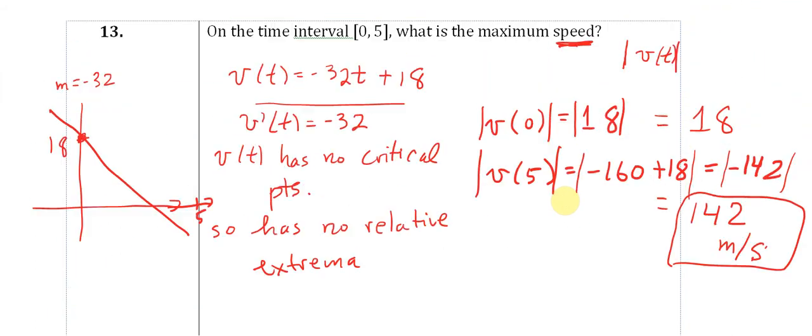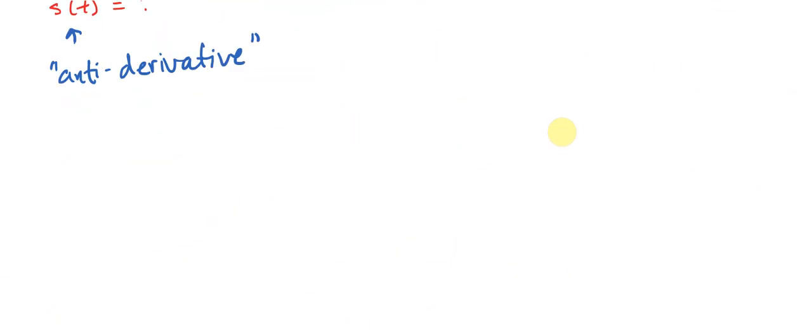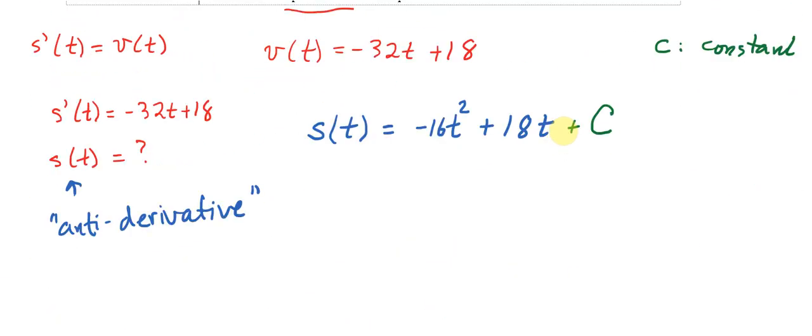Well, let's go back here, and we can see from the given that its position at t equals 2 is negative 31. So that means when t equals 2, s of t must have been equal to negative 31. So we know that s of 2 is equal to negative 31.